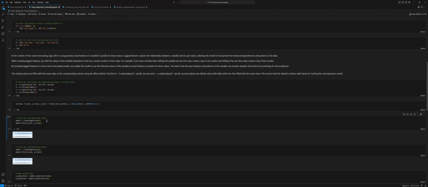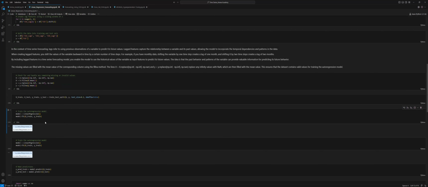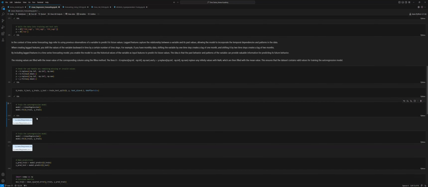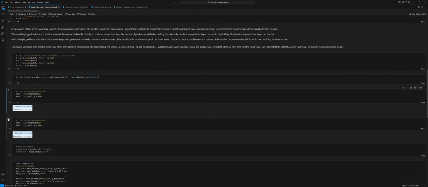So now we create our model from linear regression, and we train our model with fit X train, Y train. The next thing is to train our autoregression model, the linear regression model.